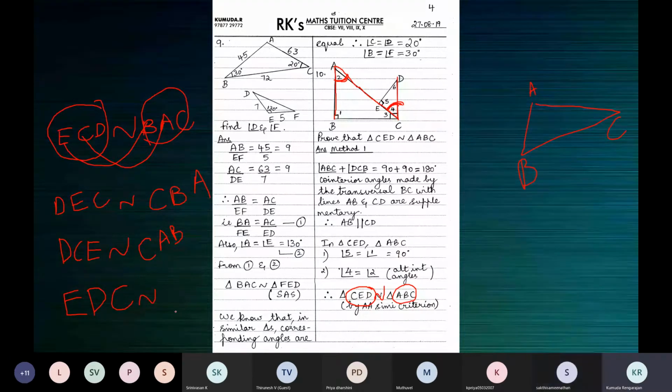BCA. All of us agree? Yes, ma'am. Children, this is very important. Only then you can find the other results that follow when two triangles are similar.